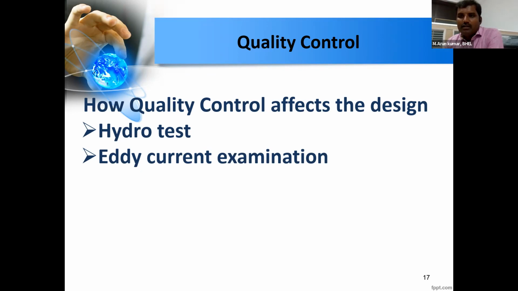That is not the water temperature, that is the minimum metal temperature of the pressure boundary to be tested at plus 63 degrees Celsius. So we have to employ a huge amount of heating arrangements for the liquid. The total amount of liquid to be used is around 120 metric tons of water.